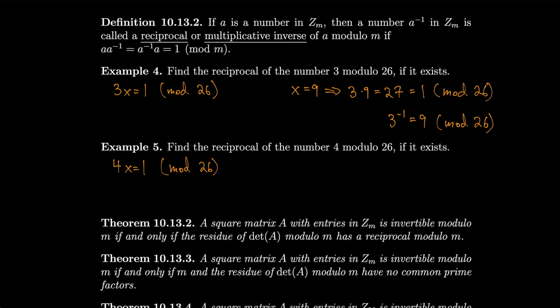But this kind of makes sense because 2 divides 4, and 2 also divides 26. So 4 and 26 both share a common divisor of 2. That should tell you that there won't be any reciprocal.